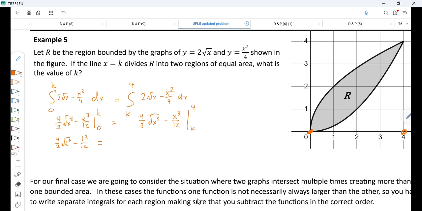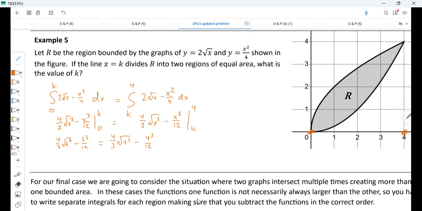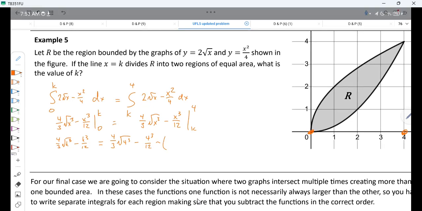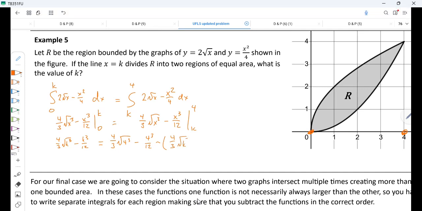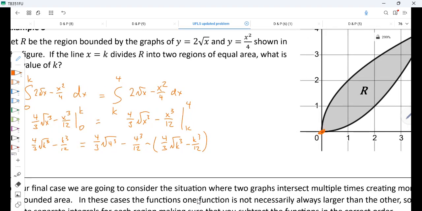On the right, here we have the math: 4/3 the square root of 4 cubed minus 4 cubed over 12, and then minus the quantity 4/3 square root of k cubed minus k cubed over 12. That looks like a disaster, but I swear it's not.